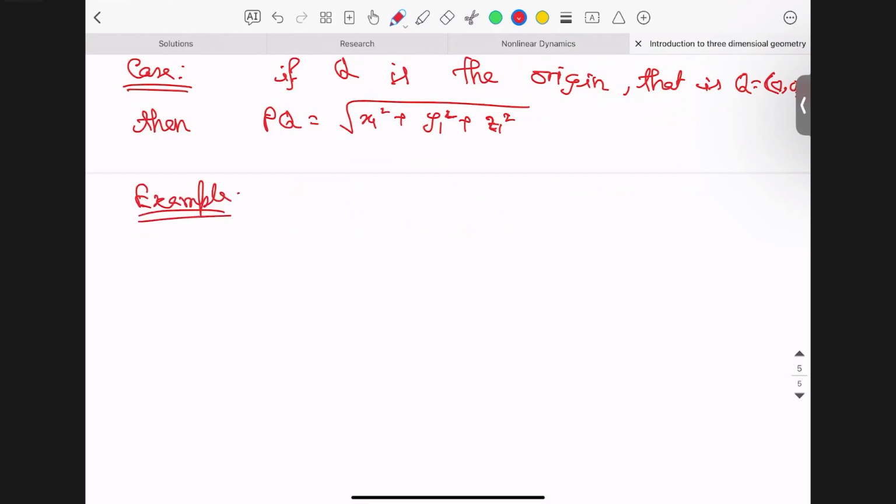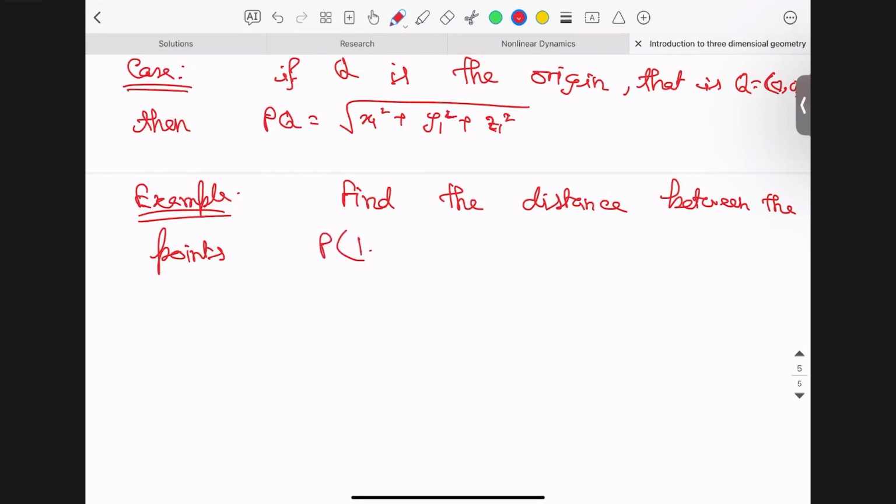Now going to examples. We must see the first question, which is an application of this distance formula. Find the distance between the points P(1, -3, 4) and Q(-4, 1, 2).